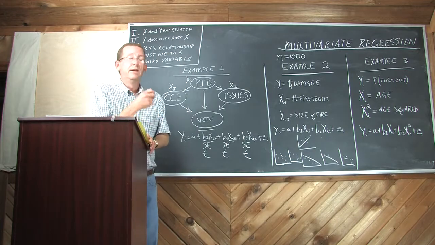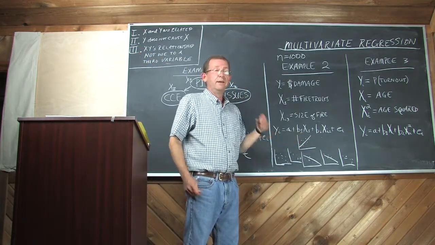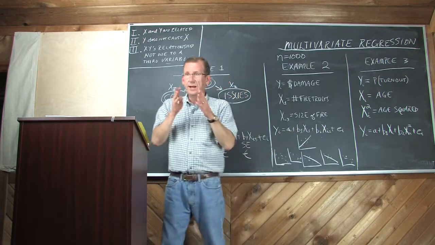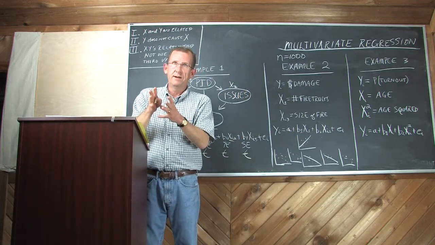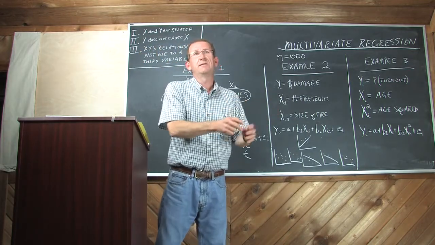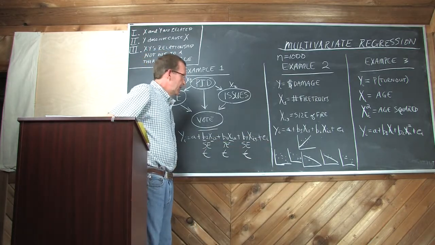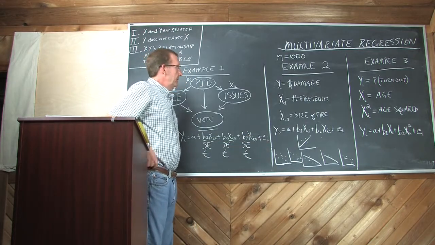The real result is that B1 will be negative. It in fact would be true that given similarly sized fires, bringing more equipment to the scene matters in a positive way. Brings down damage, which means a negative relationship.